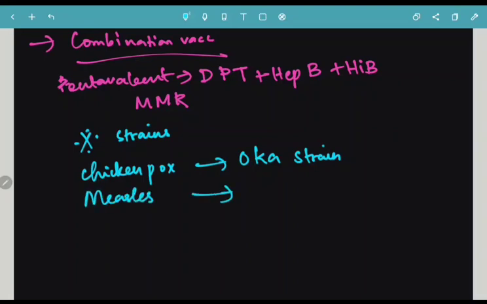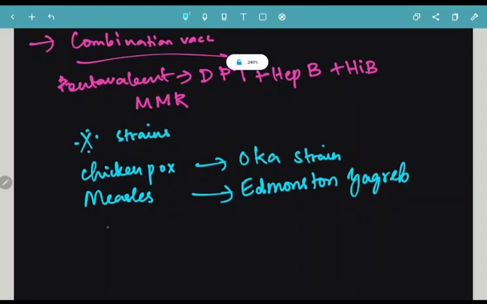All these are MCQs. In measles it's the Edmonston Zagreb strain, a very famous strain.